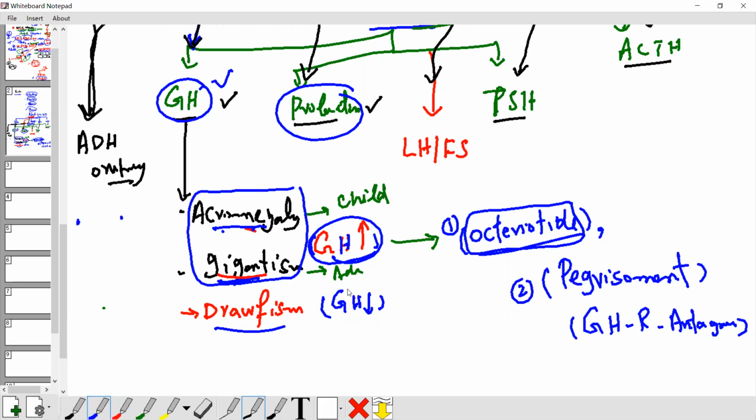If the growth hormone level is low, as in dwarfism, we can use synthetic growth hormone from outside. Okay, so you can use growth hormone if there is growth hormone deficiency and the baby is not growing according to age.